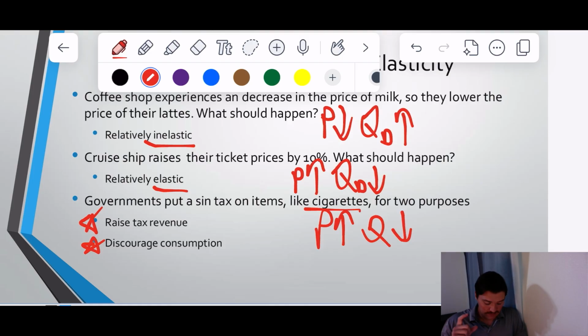Now, with something like cigarettes, is that a bigger change or a smaller change whenever we raise prices? We could see a smaller change in quantity, because people who are addicted to cigarettes are somewhat still going to buy them. We might see a smaller decrease, and because it's smaller, it might be something we would say is inelastic. This goes into our discussion about the different types of elasticity.